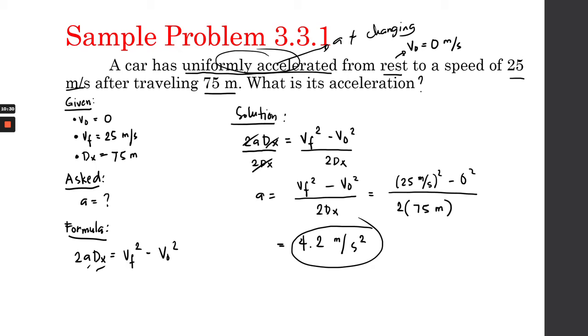We're not dealing with, for example, projectile motion yet, we are only dealing with straight line motion. This is still kinematics. Okay, so that is how we use that equation.